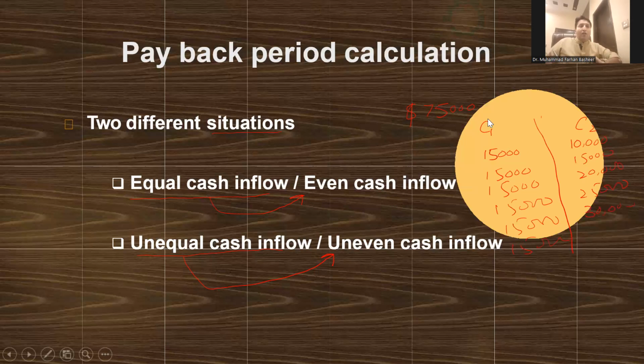Now this is an example of even cash flow, and this is an example of uneven cash flow. So now let's first try to understand how to calculate the payback period when the cash inflows are even, and how to calculate payback period when the cash inflows are unequal or uneven.